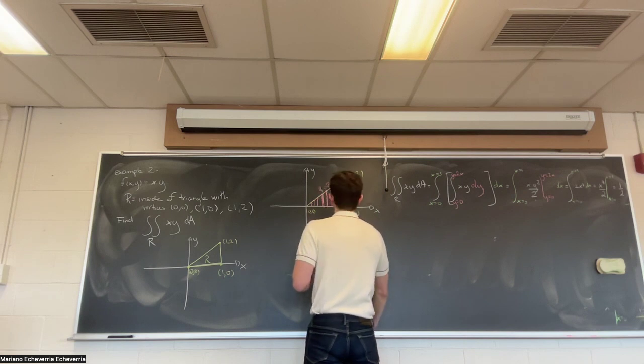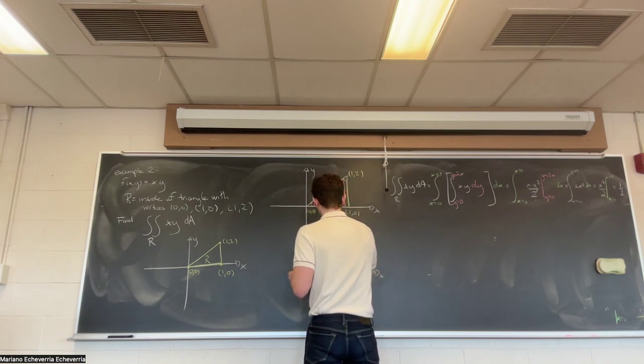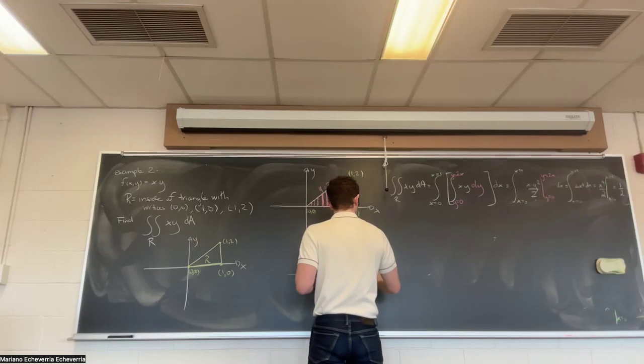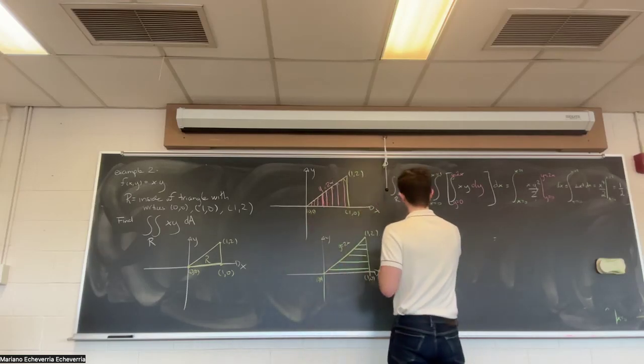And again, we did say that the equation was y equals 2x, so I'll put here y equals 2x, and this is the points 0, 0, 1, 0, and 1, 2. And so I want to do the integral.